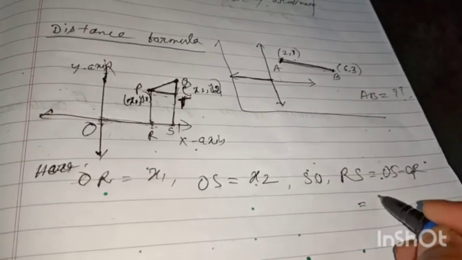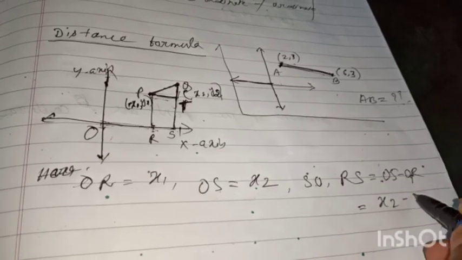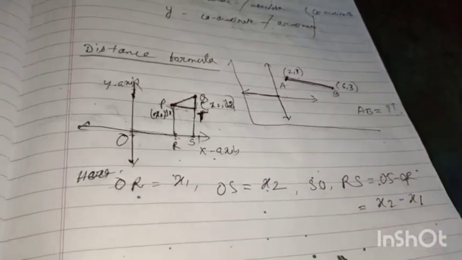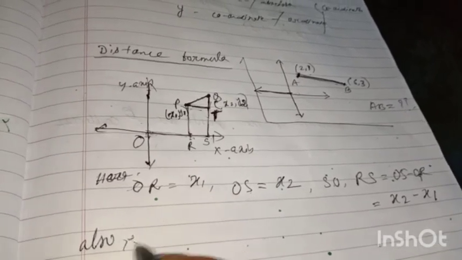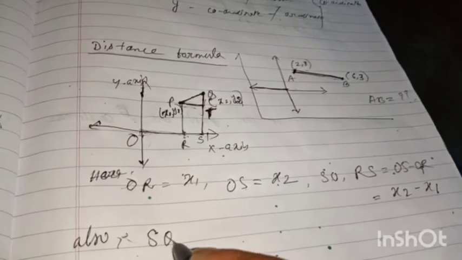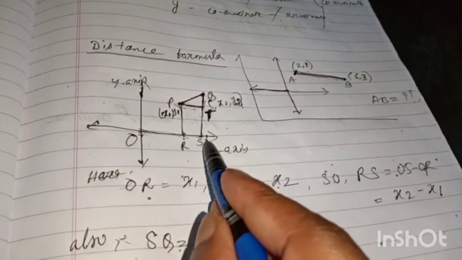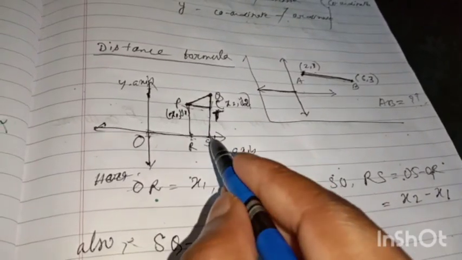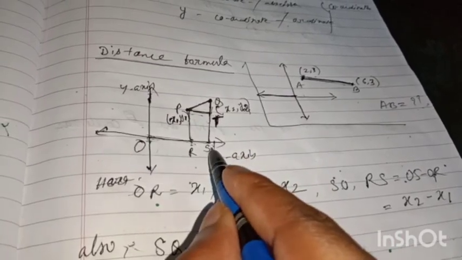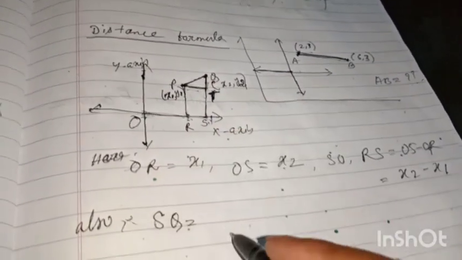Next, what is OS? x2, and what is OR? x1. Clear? Also SQ. SQ we know already. What is SQ? From O to S is x2, then S to Q is y2.